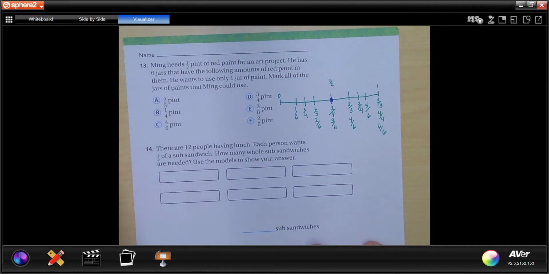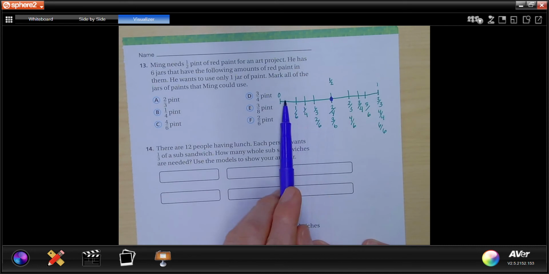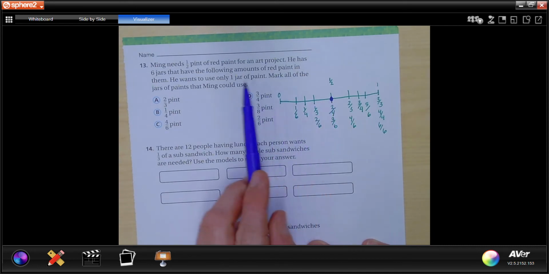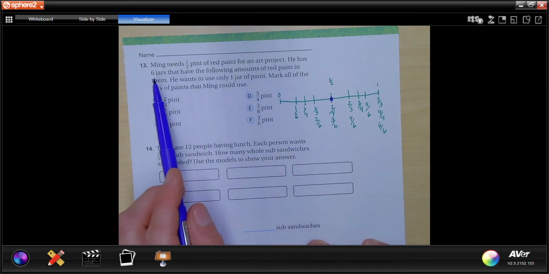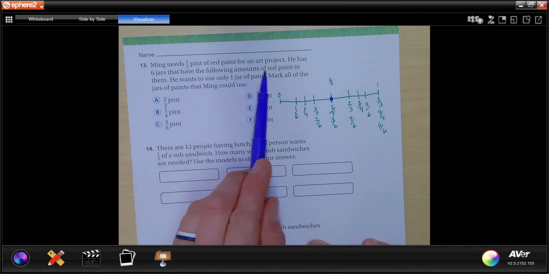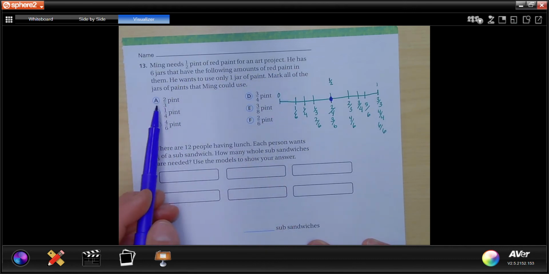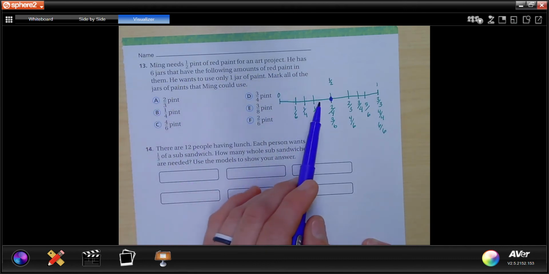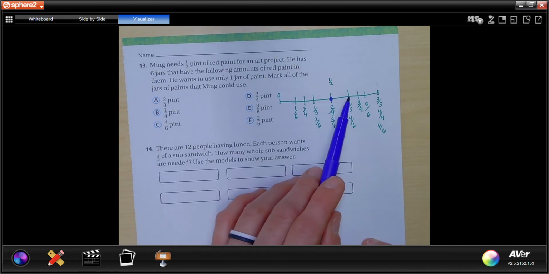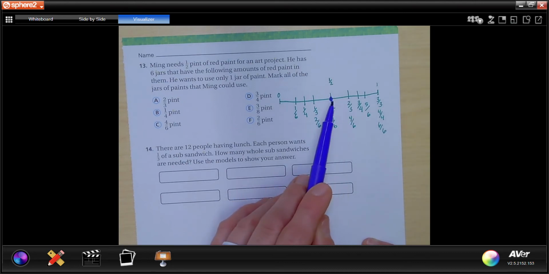Alright, so Ming needs to have at least a half a pint of red paint for an art project. He has 6 jars that have the following amounts of red paint in them. So let's look. If he has 2/3 of a pint, is that enough to do his art project? Does he have more than half?